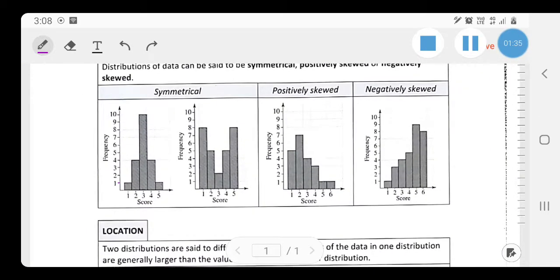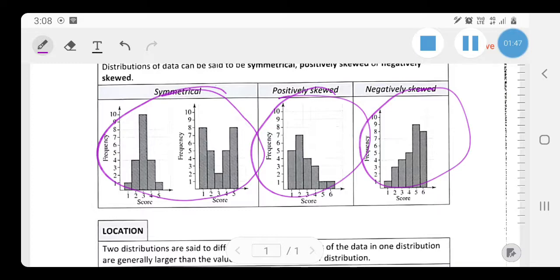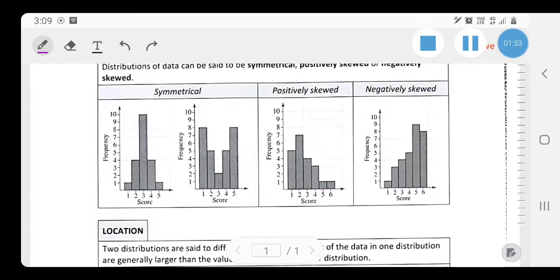Here we have a symmetrical distribution. Here we have a positively skewed distribution. And here we have a negatively skewed distribution. I should also mention the vertical axis is frequency, as always.